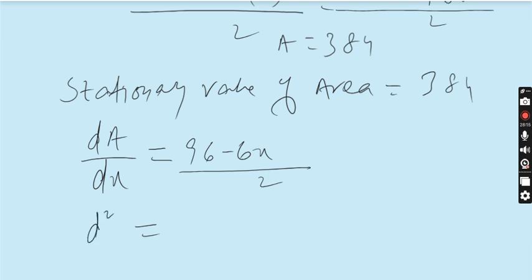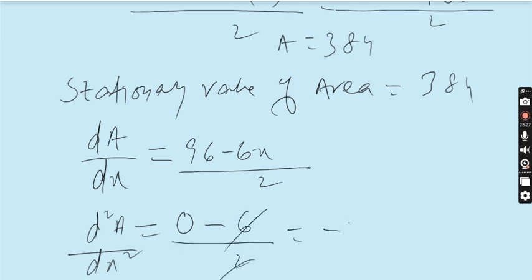So find the double derivative in order to find the nature. 96 derivative is 0, minus 6x derivative is 6, upon 2. 6 upon 2 is 3, so negative 3 is less than 0. So nature is maximum. Whenever the value of the double derivative is negative, the nature is maximum. And whenever the value of the double derivative is positive, the nature is minimum.